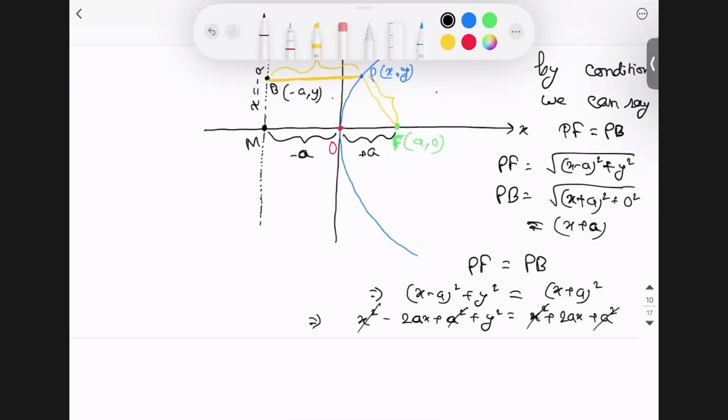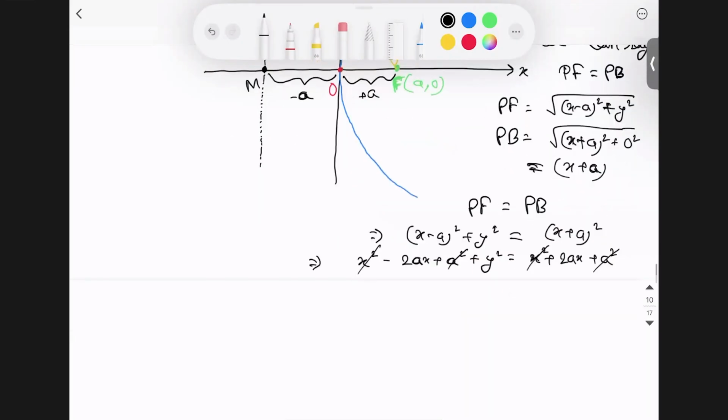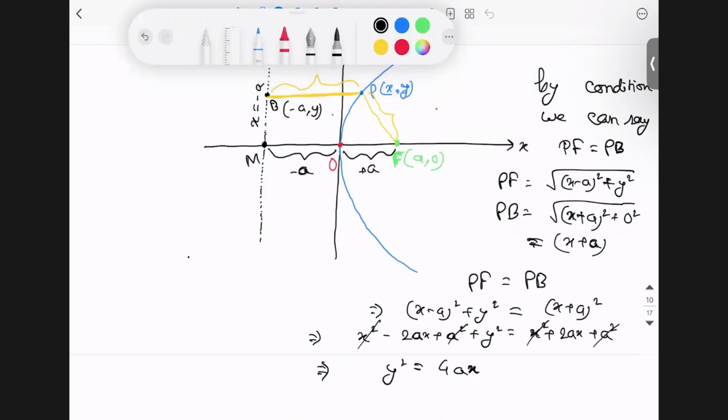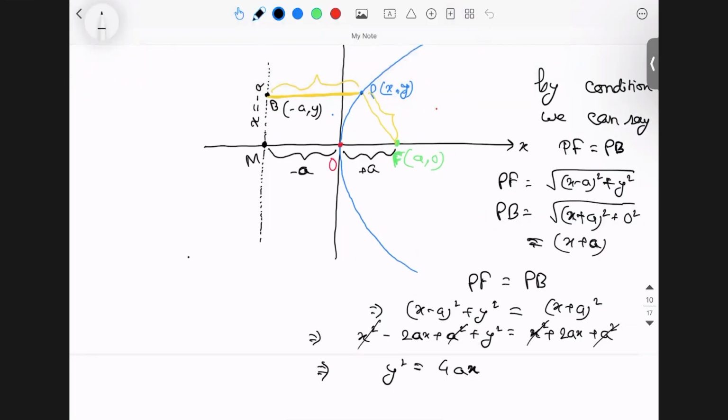So ultimately, we are getting y square equals 4ax. Okay, so that is how we deduce the equation of the parabola.